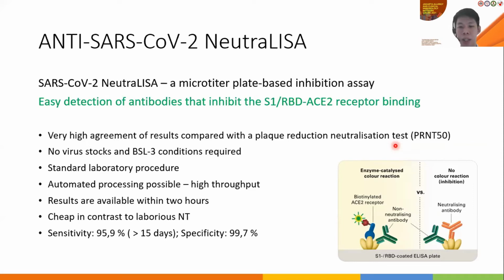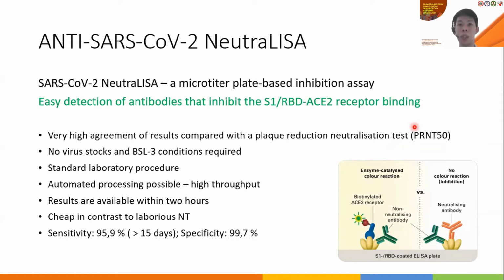I've mentioned that neutralizing antibodies are a group of functional antibodies. In a way, how we deem whether it's functional is that it must be able to show some form of competitive inhibition against the ACE2 receptor. Unlike other assays out there, which just say that they test for antibodies that bind to the RBD domain.